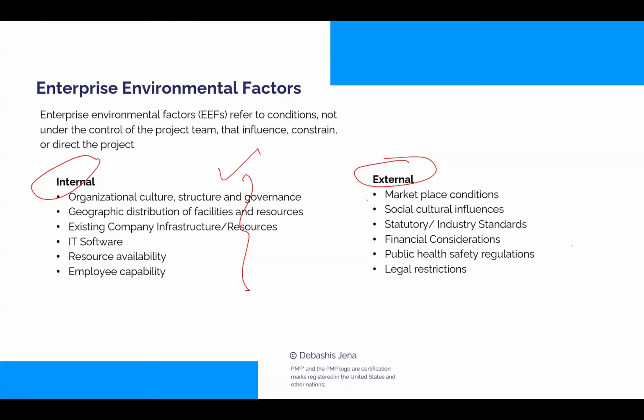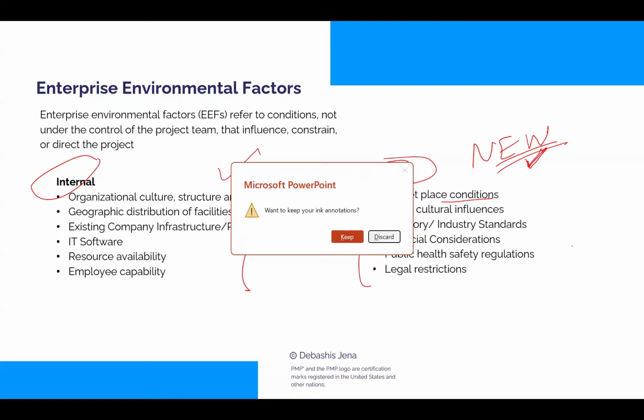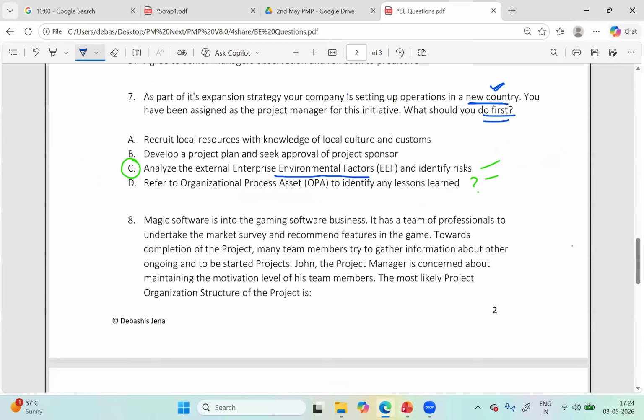But the external factors would be completely new: the marketplace conditions, statutory and legal restrictions, political climate, public health and safety. So identifying risk associated with these external EEFs becomes far more important than any other option. That's what C says: analyze the external EEFs and identify risk associated with them.